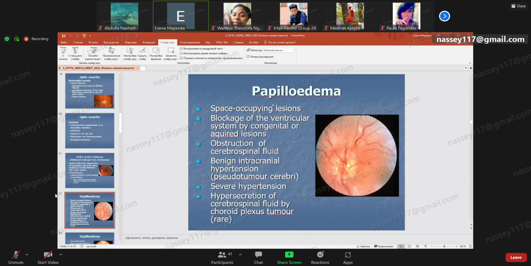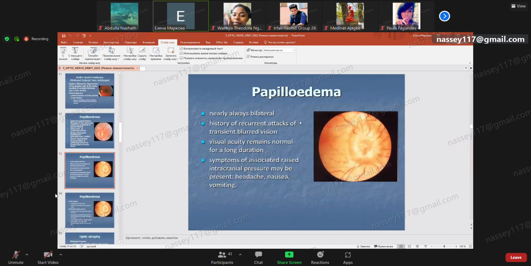The precise pathogenesis of papilledema is not entirely understood, but it seems clear that intra-axonal swelling with accumulation of mitochondria, and not extracellular extravasation of fluid, is the principal early mechanism resulting from raised intraneural pressure.